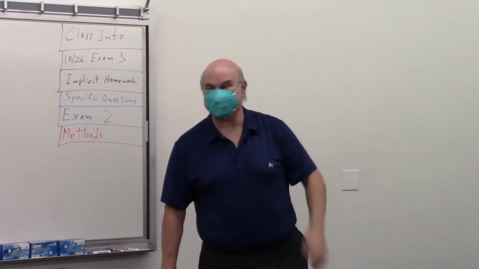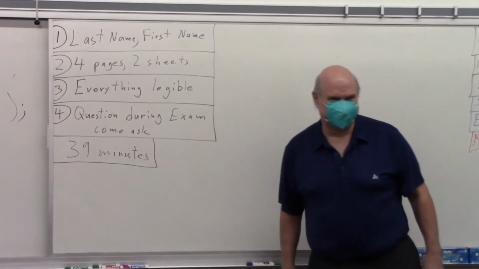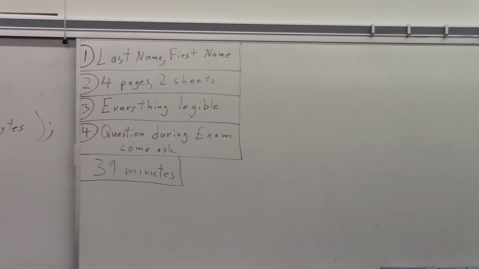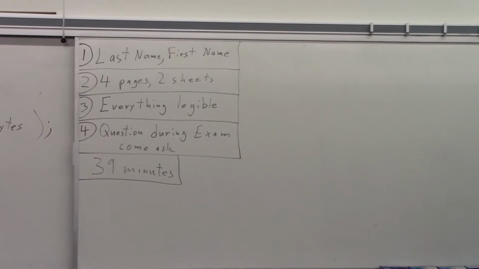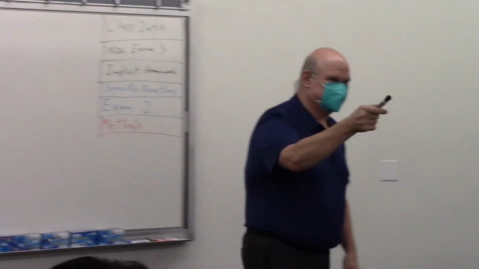I don't understand the question. If you have a question on the exam, come ask. In other words, walk up here and ask me quietly, because sometimes in asking the question, you give away answers.